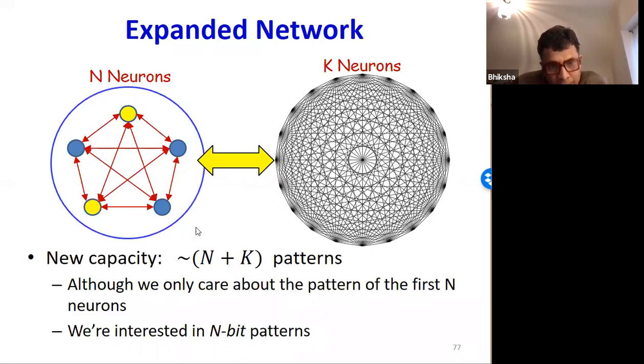We're interested in n-bit patterns, but we augmented them with a whole bunch of bits that we're not interested in. Now the network is going to be a fully connected network over n plus k neurons, which you can think of as a fully connected clique over k neurons, a second fully connected clique over n neurons, and the two are fully cross-connected, okay?